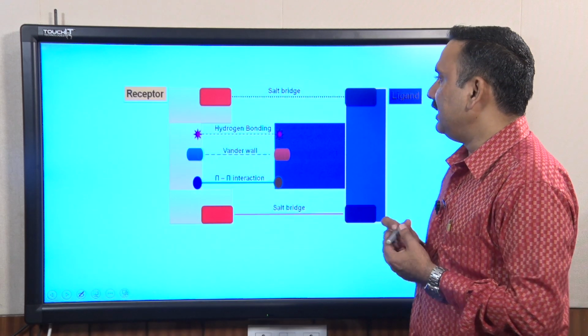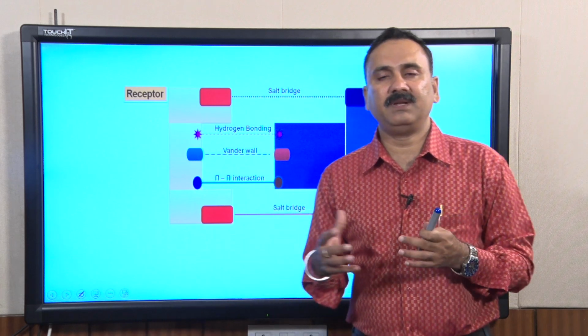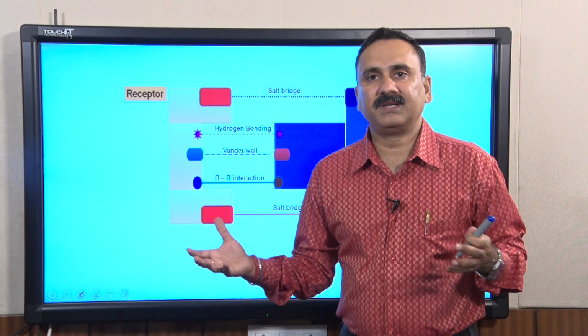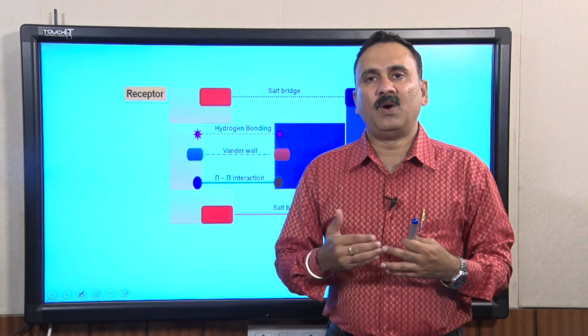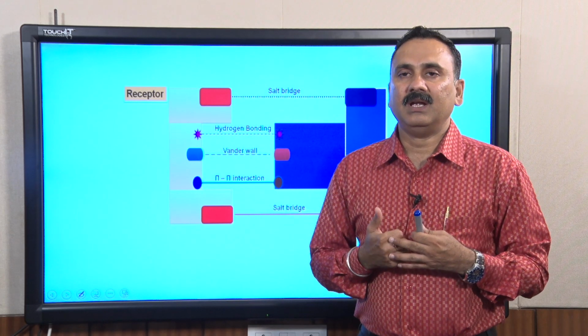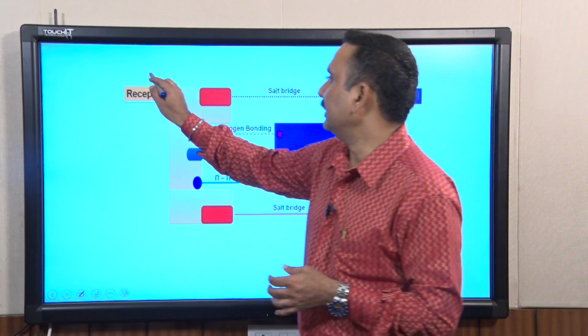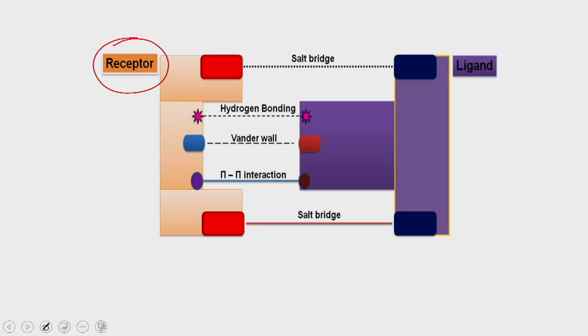So, at the end, we have discussed the receptors as well as the ligands, and if you would like to perform affinity chromatography, you have to generate the receptors or the ligands, and then depending on the ease of coupling, you have to either couple the receptor to the matrix, or couple the ligand to the matrix.